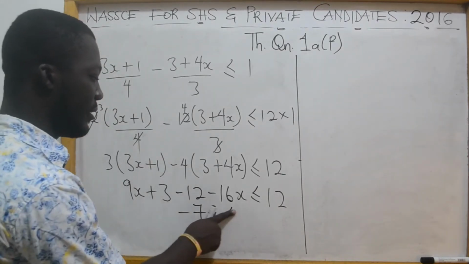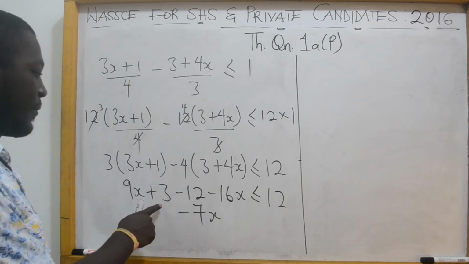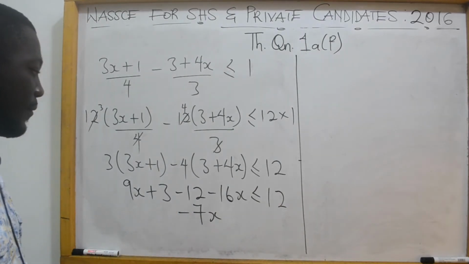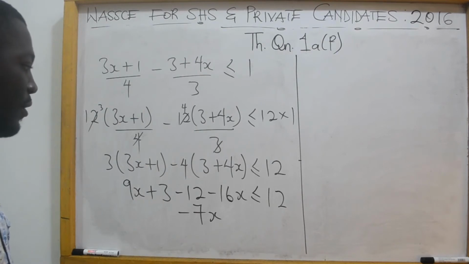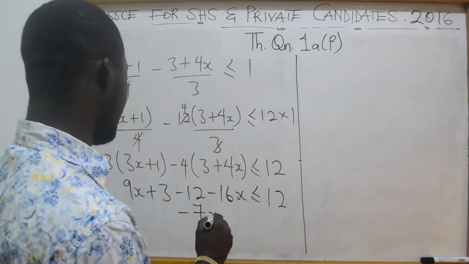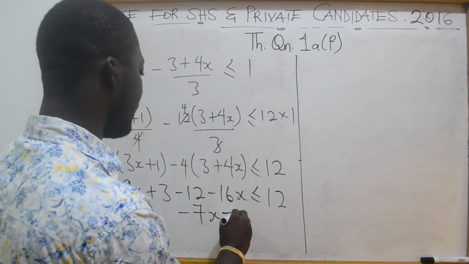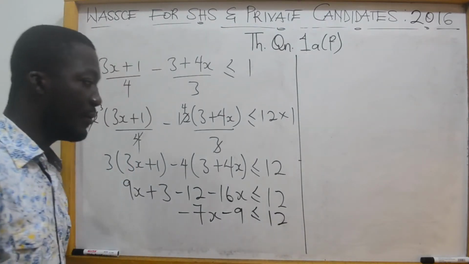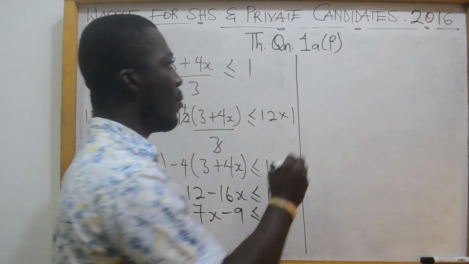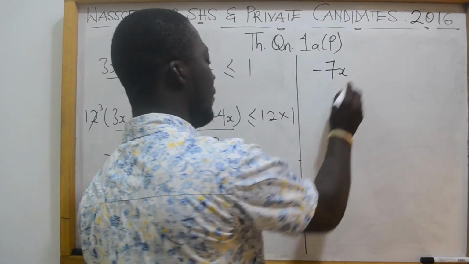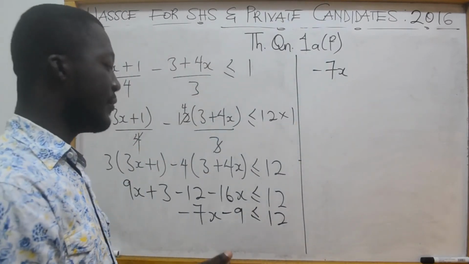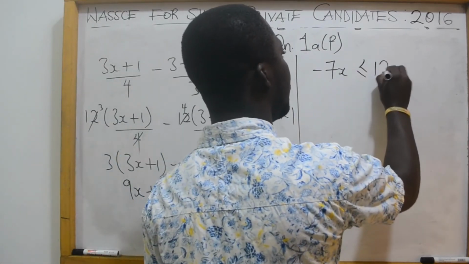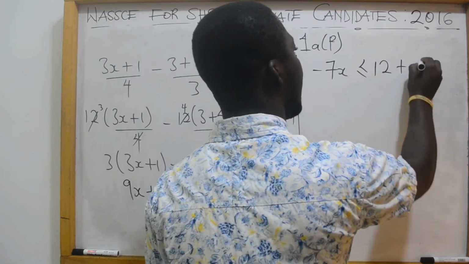Now before that, we also have 3 minus 12. 3 minus 12 is negative 9, which is less or equal to 12. So we send or transpose the negative 9 to the right hand side, which is less or equal to 12 plus 9.